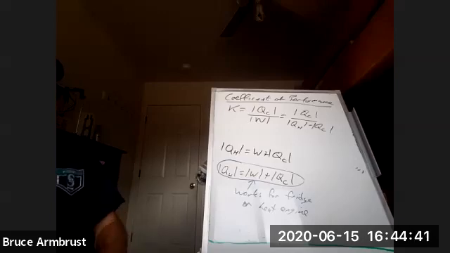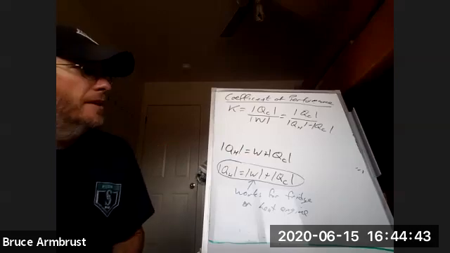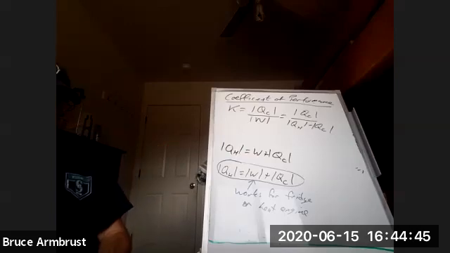Okay, so here's your coefficient of performance. Now I want you to notice something about this. What would make this better? What would increase this number? What makes a fraction bigger?